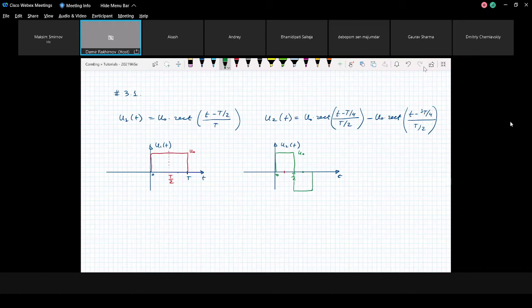Now we need to determine the autocorrelation function for the first signal and for the second signal, phi 1 of tau and phi 2 of tau. So we need to calculate this autocorrelation, and let me find the expression for autocorrelation.